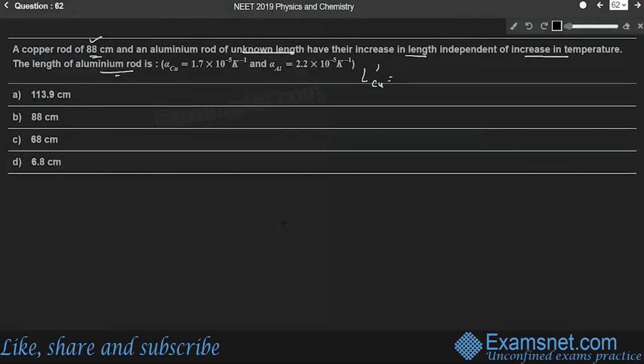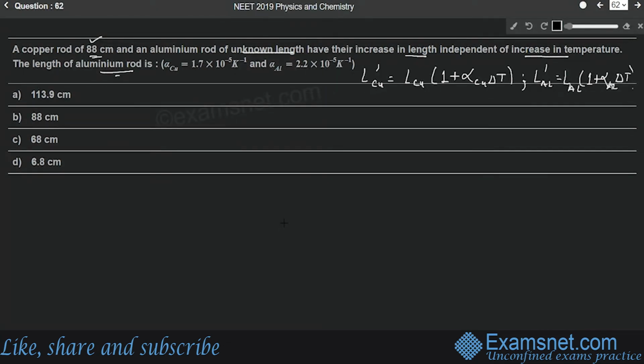L dash Cu will be equal to the initial length of copper rod, L Cu, times 1 plus alpha Cu delta T. Okay. Similarly, the new length of aluminium rod, L dash of aluminium, will be equal to the initial length of aluminium, 1 plus alpha aluminium delta T.